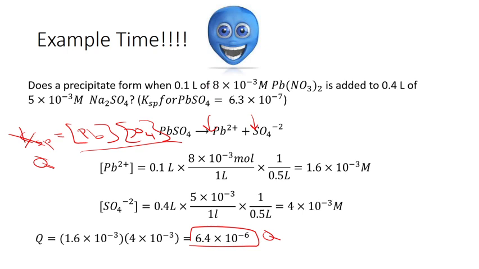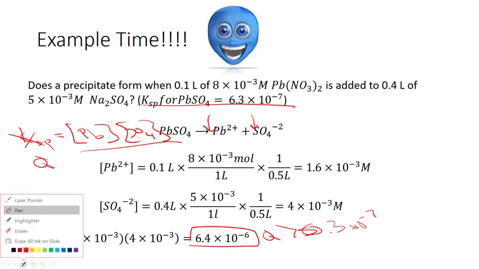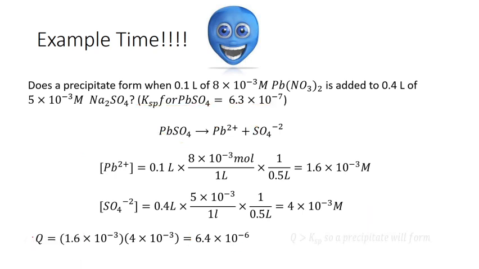And so then we can compare that to KSP. If we compare that to 6.3 times 10 to the negative 7, we know that Q is greater than our KSP.